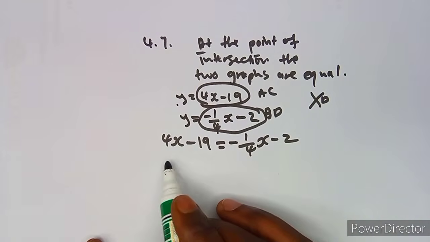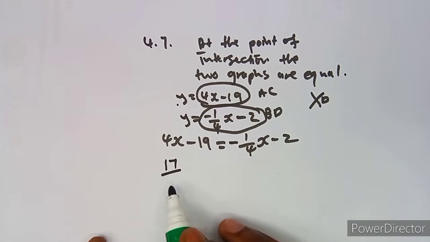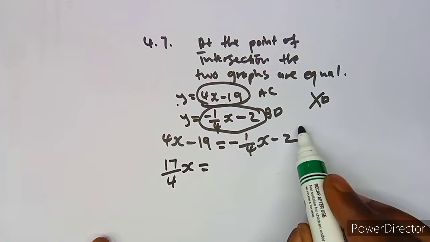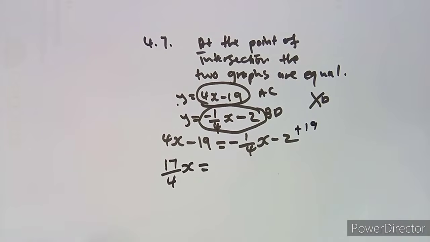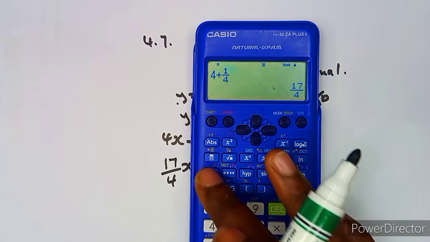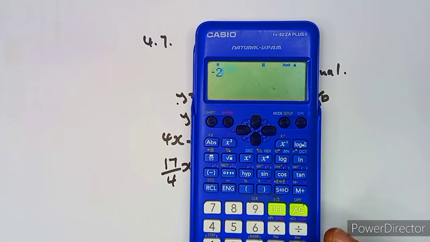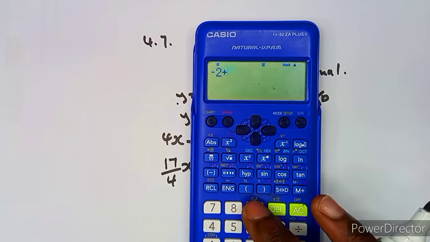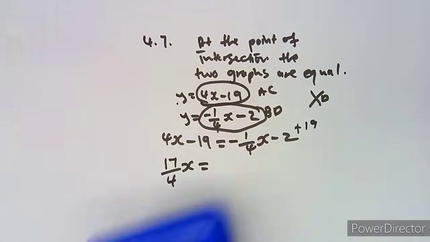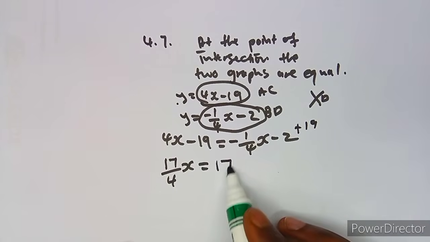So we obtain 17 over 4x, which is equivalent to negative 2 plus 19, since negative 19 to this side is going to be positive 19. That gives us 17.